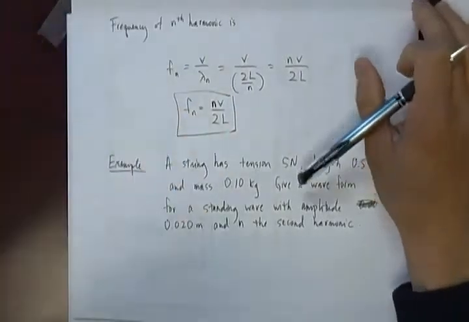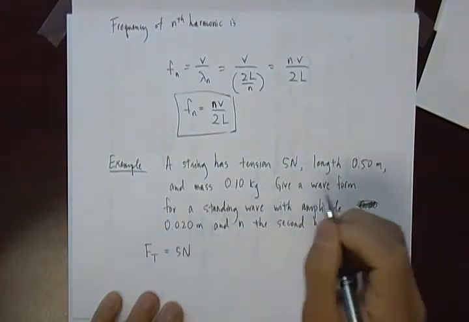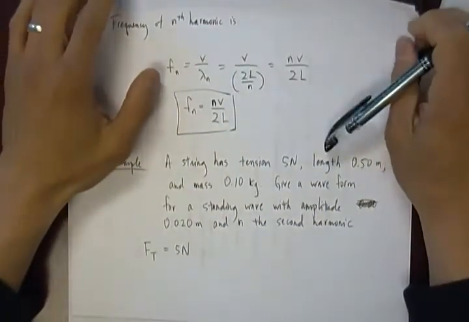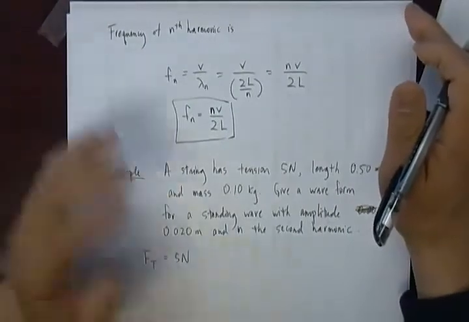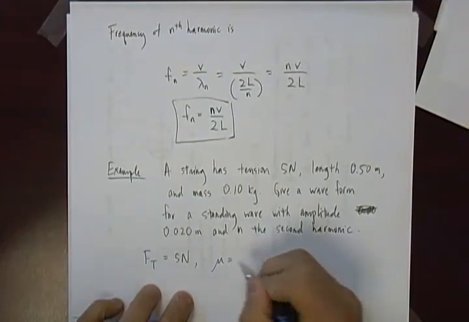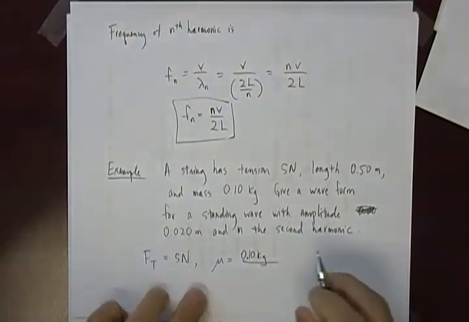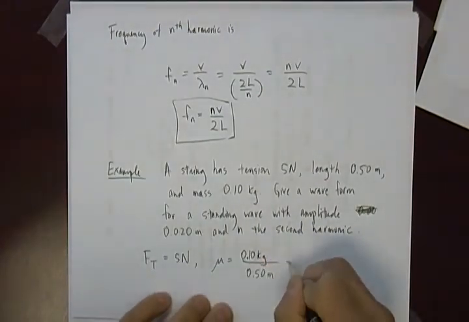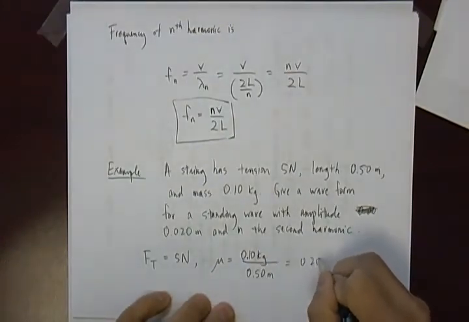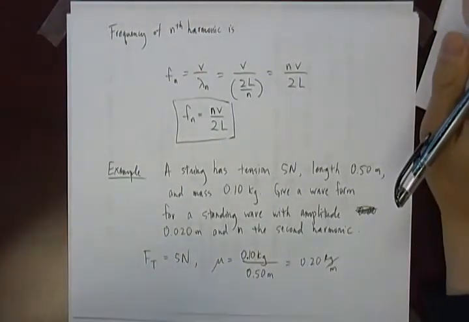Okay, what do we have to do? So we know the tension, it's 5 newtons. Now you may recall at the beginning of the lecture we had a way to get the speed of the wave from the tension and the mass per unit length. So it seems like we should try to get the mass per unit length, mu. So we have the mass is 0.10 kilograms. If I divide by the length, which is 0.50 meters, that will give me 0.20 kilograms per meter. Now, what was that formula for the wave speed?